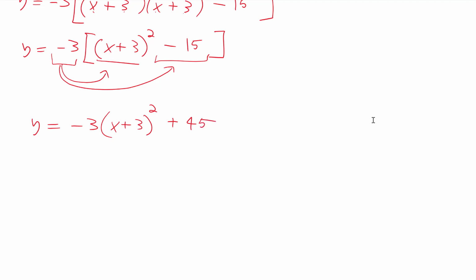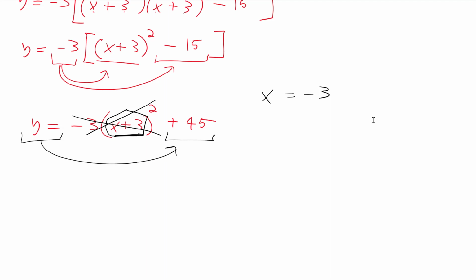So now we can simply look at this and determine, right? We can see here that, well, a negative 3 will make this expression go to 0. So our x is negative 3. Then the y is just whatever's going to be left over, which is positive 45. So y is equal to 45.